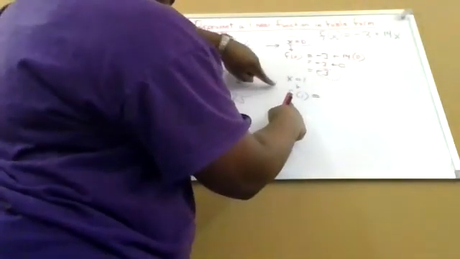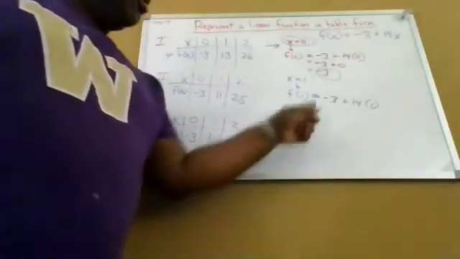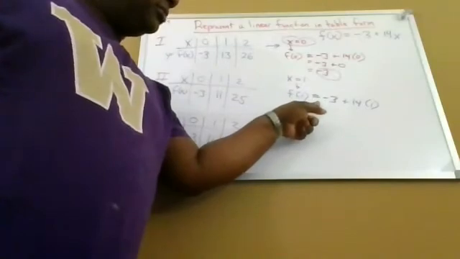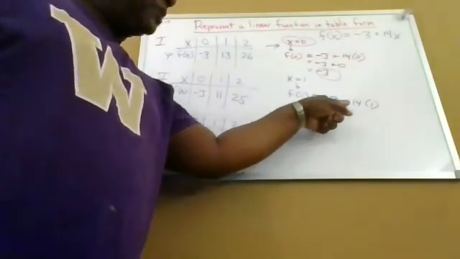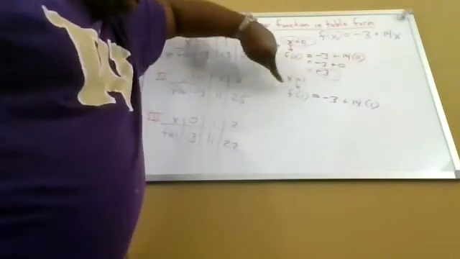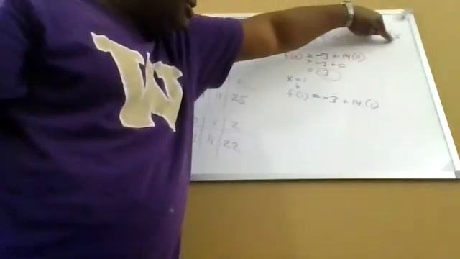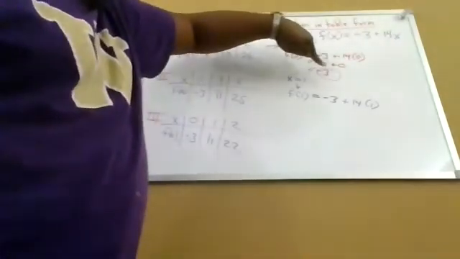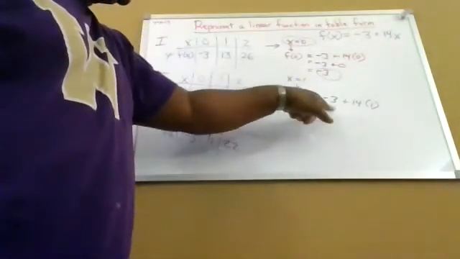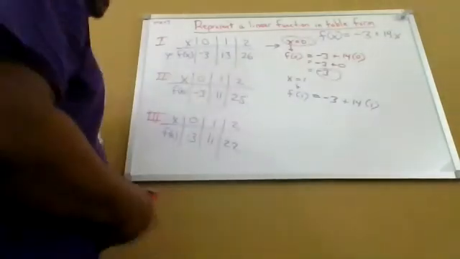So f of 1 means we're going to have -3. F of 1 equals -3 plus 14 times 1. Again, we just substituted 1 into this equation up here. So I substituted 1 for x. And now I have to simplify this to see if I get 13.